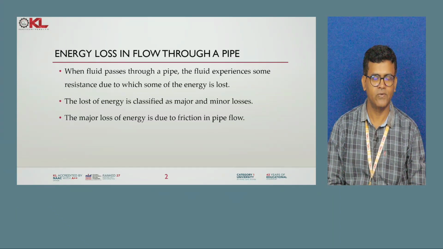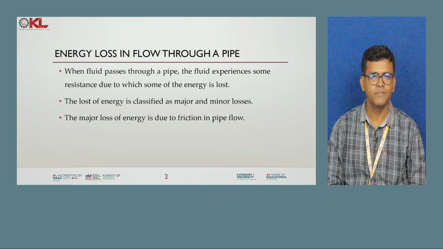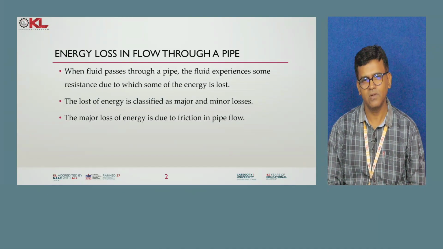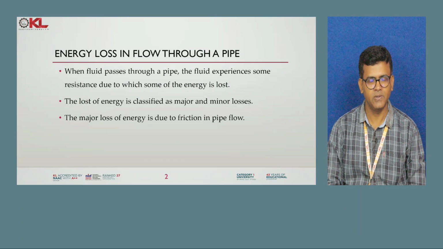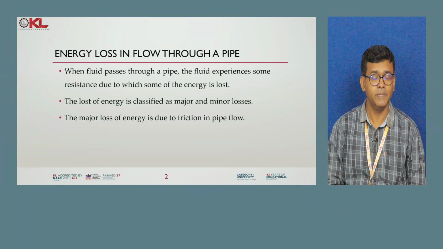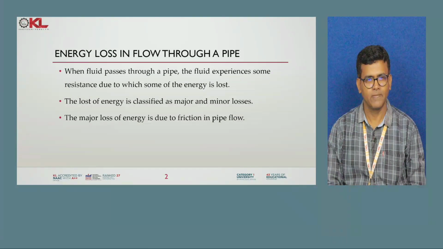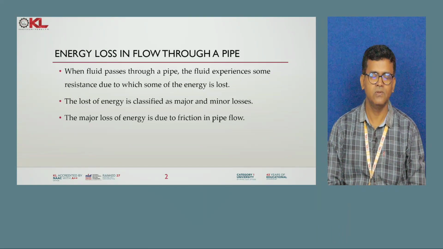Because there is friction between the fluid and the inside boundary of the pipe, and also there are various obstructions. You can see them in terms of the fittings and the bent pipes. So there is some resistance, and because of that, some energy is lost.